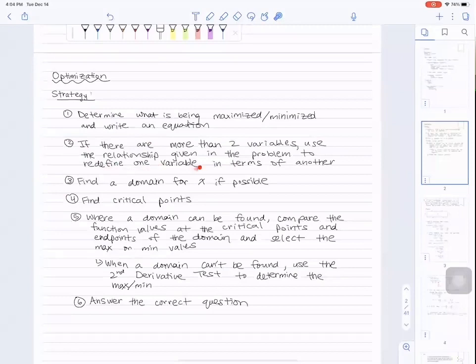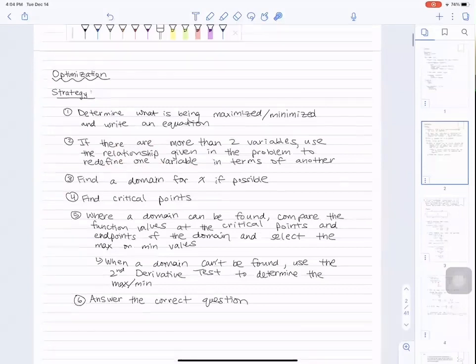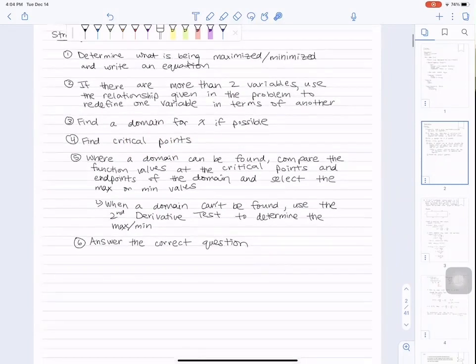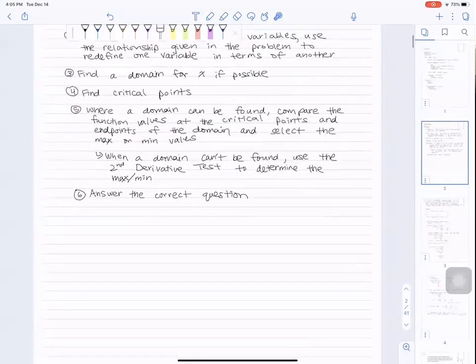Then if your equation has two different variables, you want to make sure that your equation just has one variable so that it's single variable calculus and we can take the derivative more easily. Then you want to find the critical points. That involves taking the derivative and setting it equal to 0. And if necessary, you might need to find a domain so that whatever critical point you have is actually possible to be a critical point.